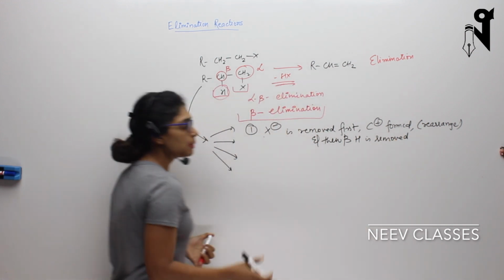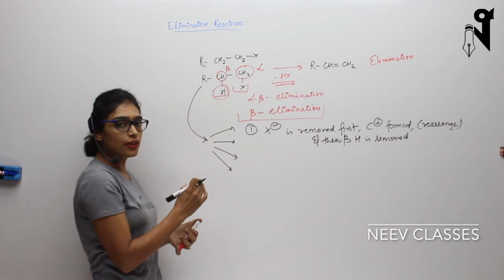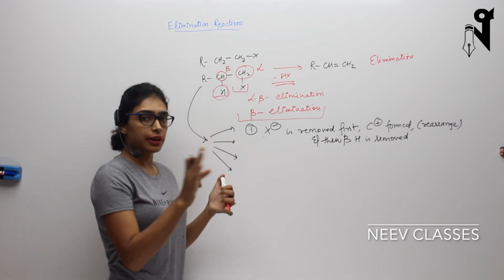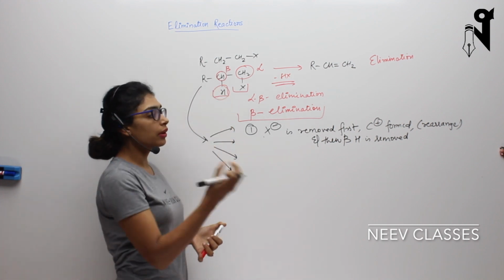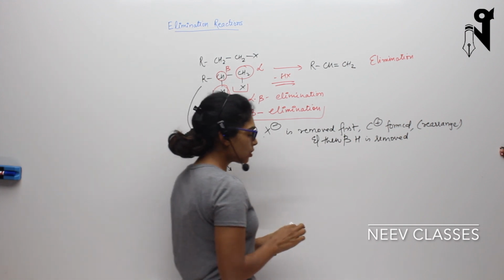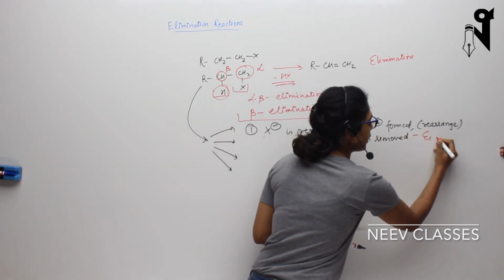When the process takes place in this direction, removal of X first, formation of the carbocation, rearrangement of the carbocation, and then removal of hydrogen, the reaction is called an E1 reaction.